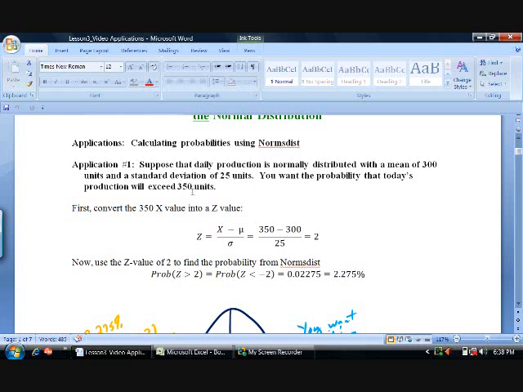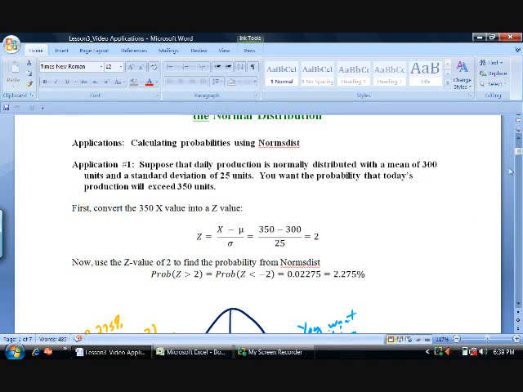To turn that into a z value, I subtract the mean, divide by the standard deviation, and I find that the z is equal to 2. What that means is that if I have production of 350 units, I'm 2 standard deviations above the mean of 300.